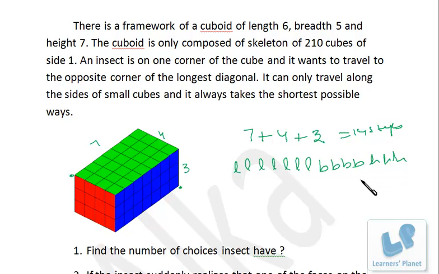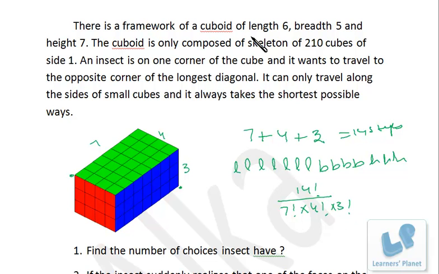How many words can you make? 14 factorial by 7 factorial into 4 factorial into 3 factorial. 7 factorial because L is repeated 7 times, B is repeated 4 times so it is 4 factorial, H is repeated 3 times so it's 3 factorial. So the shortest possible paths from this position to this position are 14 factorial by 7 factorial, 4 factorial, 3 factorial.